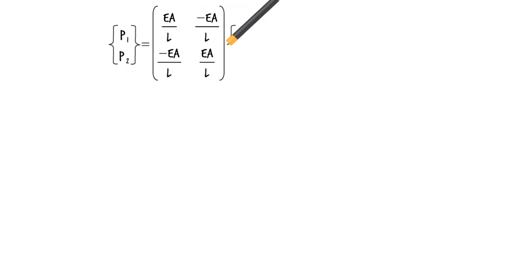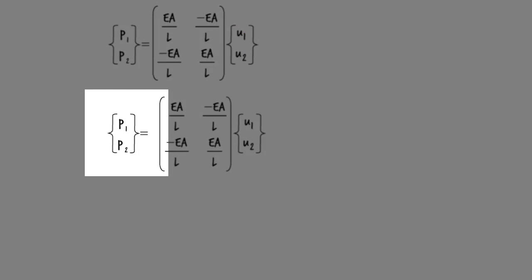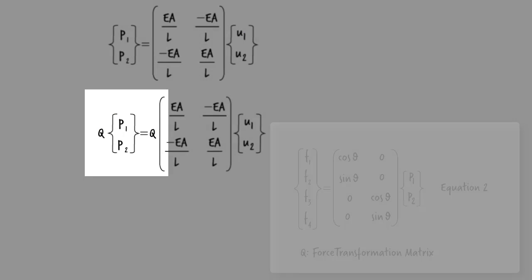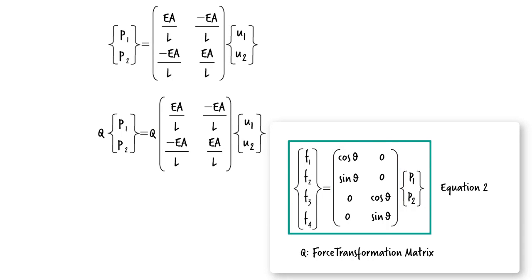Now we are ready to show how to transform the member equations from the local coordinate system to the global coordinate system. We begin with the local member equation, and multiply both sides by matrix Q, the force transformation matrix. Given equation 2, we can replace the left-hand side of our equation and obtain the following.